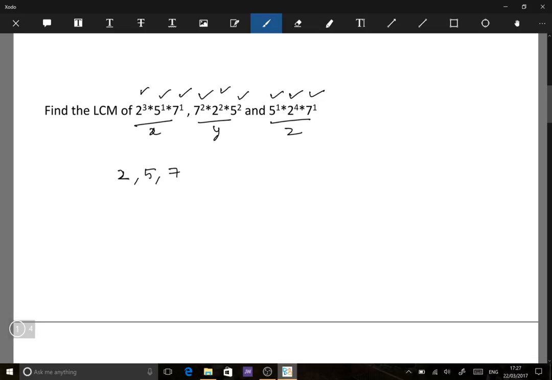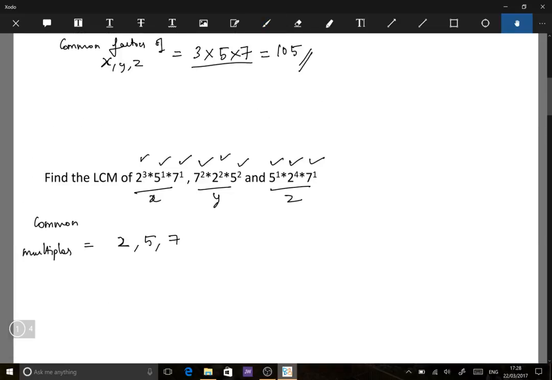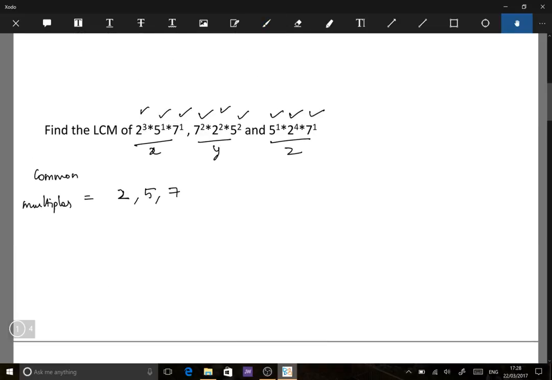So I can take 2, 5, 7 as common multiples. But if it is HCF, I can directly multiply this, but it is LCM, so I have to consider the highest power.